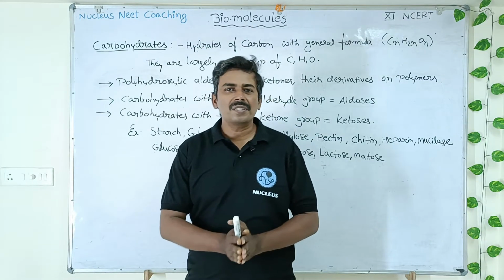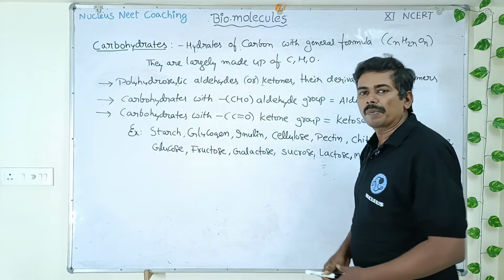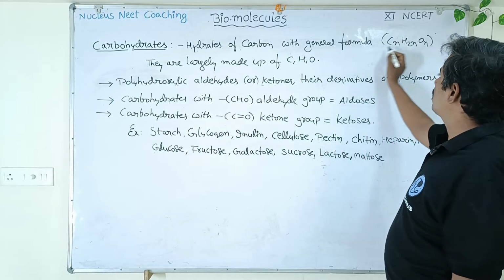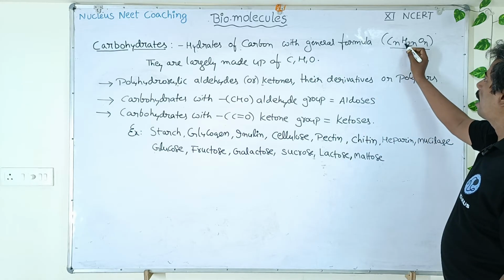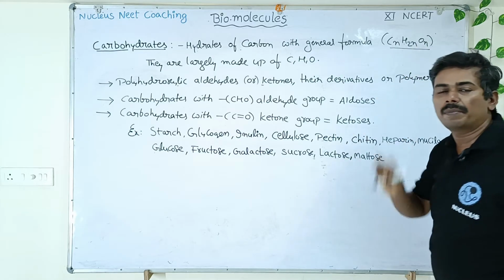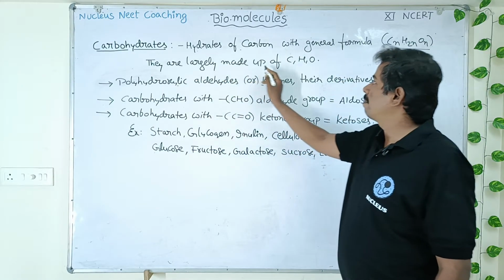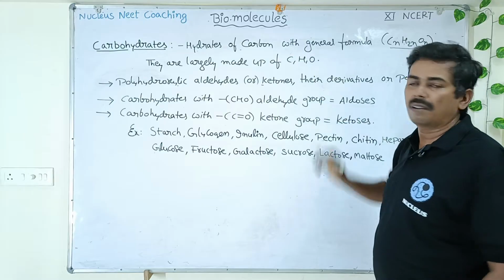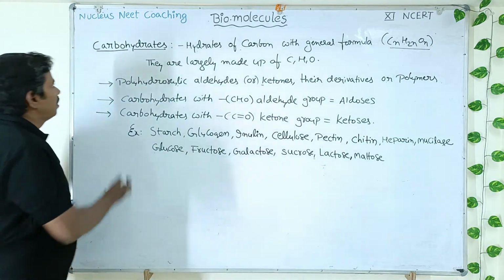Now let us see the definition of carbohydrates. Carbohydrates are hydrates of carbon with general formula CnH2nOn. So there is carbon, hydrogen and oxygen. There are three elements in the structure of carbohydrates, and they are largely made up of carbon, hydrogen and oxygen. Now let us see another definition of carbohydrates.